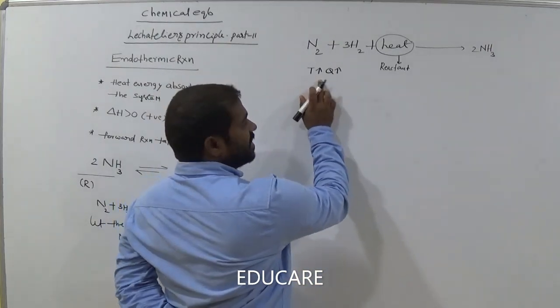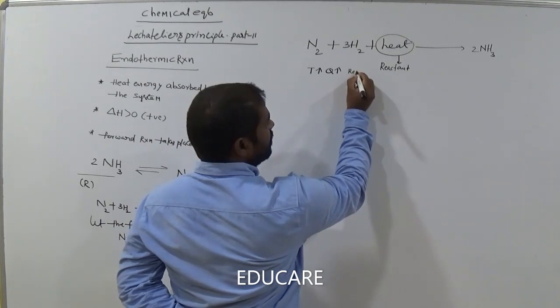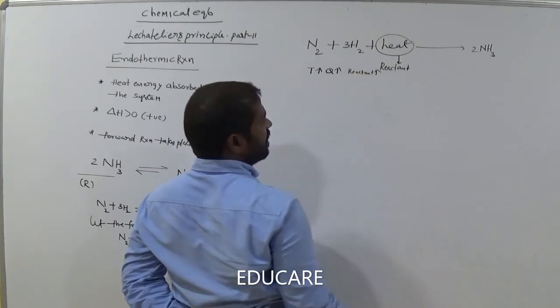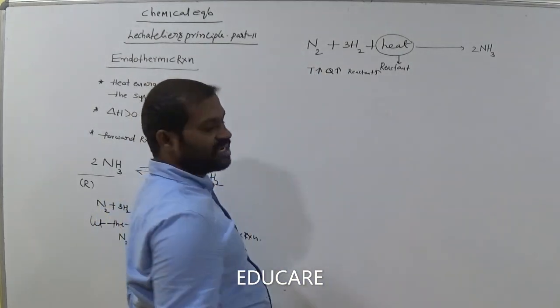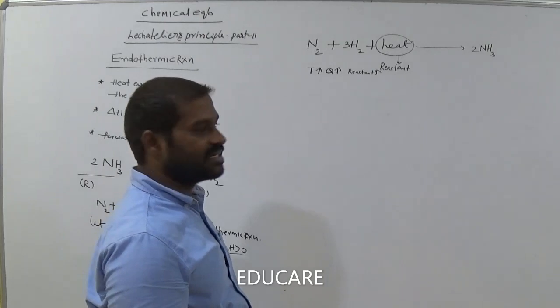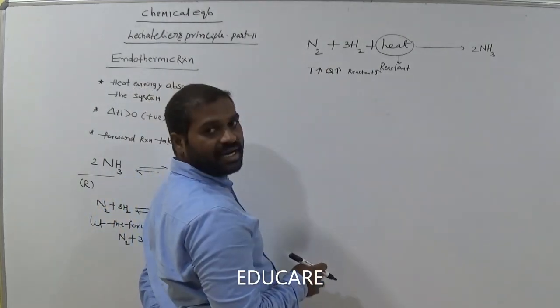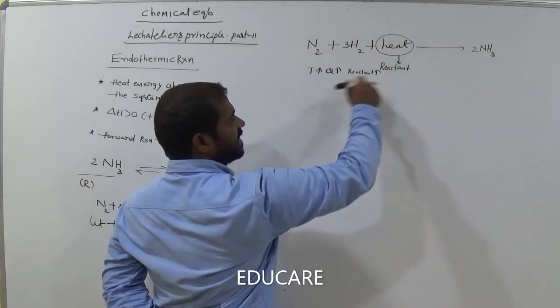So temperature is high, heat energy is high, then the reactant is also high. That means the reactant's concentration is also high. Temperature is high, automatically heat energy is also high. Since it is on the reactant side, the entire reactant is also high.